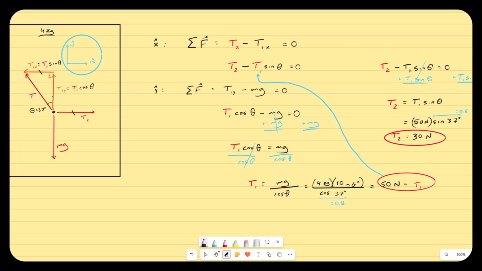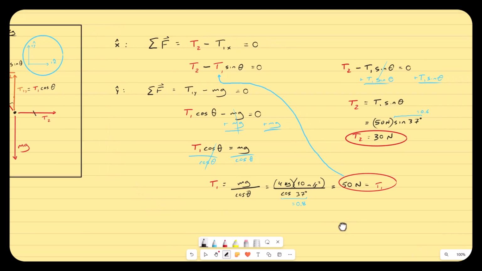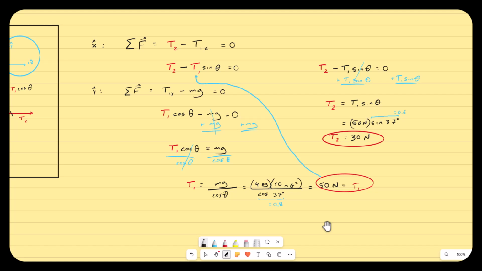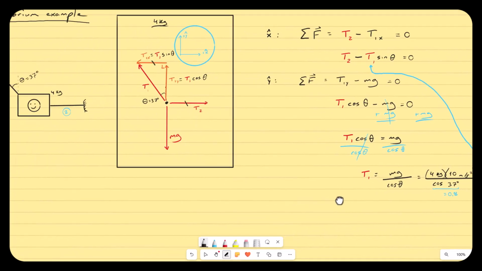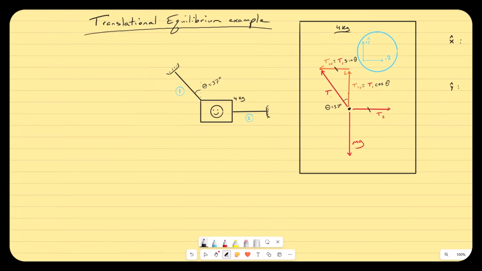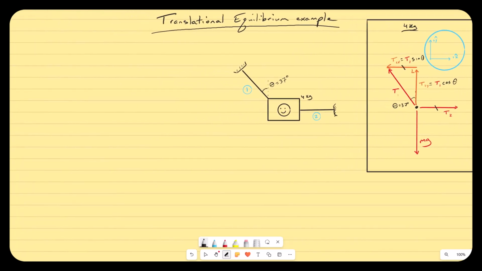For the sake of organization, it might be a helpful thing to bring in one of our tables. So this problem is finished. Just to be very clear, this problem's finished, but it might be a nice thing for you to be able to have this same thing with tables.